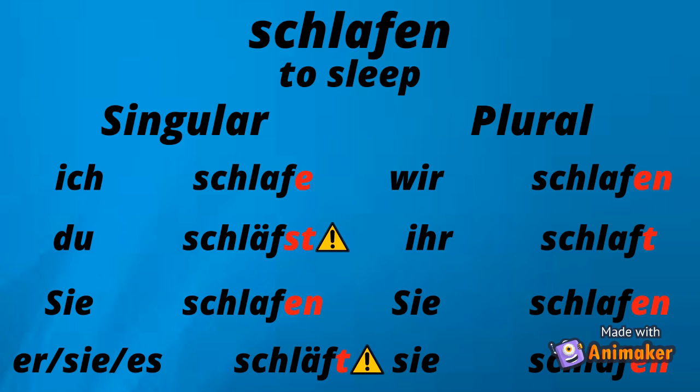In this case, in the conjugation of du, the verb stem changes. A has changed into A with umlaut. And in the conjugation of er/sie/es also, the A in the verb stem changes to A with umlaut.